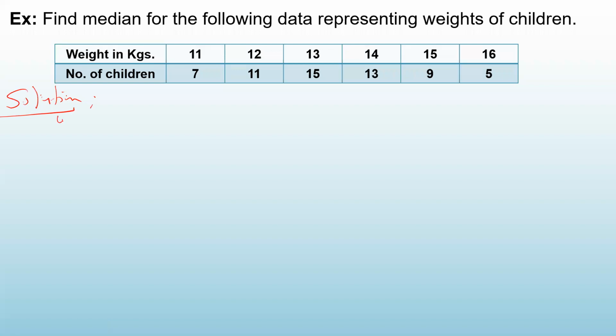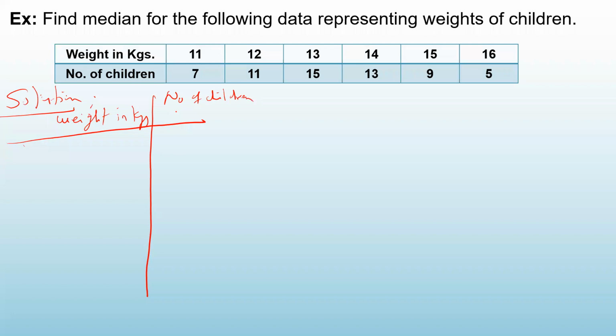So first column is weight. Weight in kilograms. Second column is number of children. Number of children, that means it is the frequency. Weight means it is the value of the variate x. So 11, 12, 13, 14, 15 and 16.